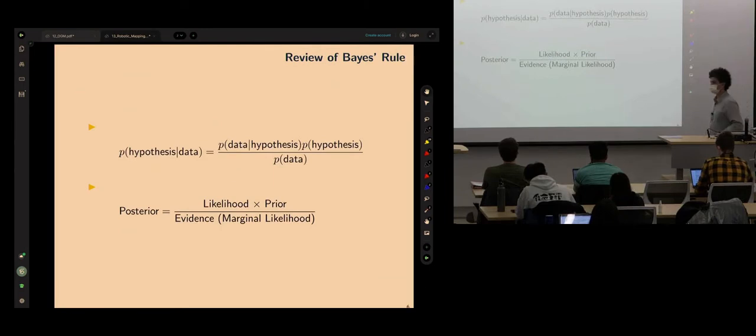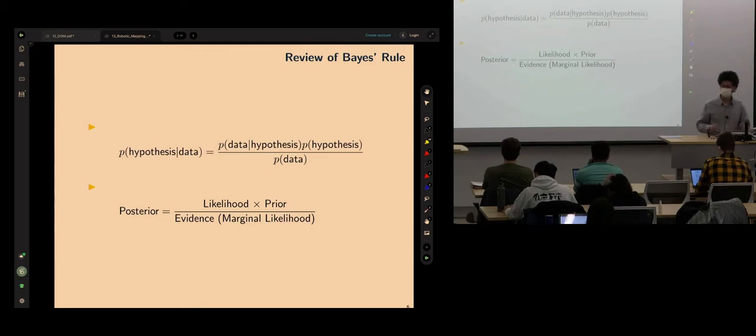Let's go back and revisit our Bayes rule, because our map was using this. Just to review, we have a hypothesis here, the map, or the probability of each cell being occupied or not, given data.